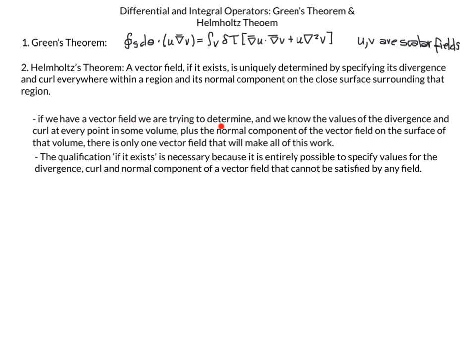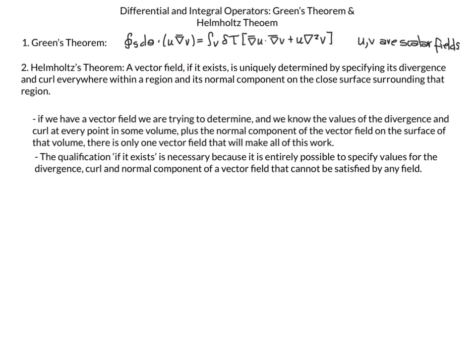If we have a vector field we are trying to determine, and we know the value of the divergence and curl at every point in some volume, plus the normal component of the vector field on the surface of that volume, then there's only one vector field that will make all three conditions work. Second point is this phrase here, if it exists.